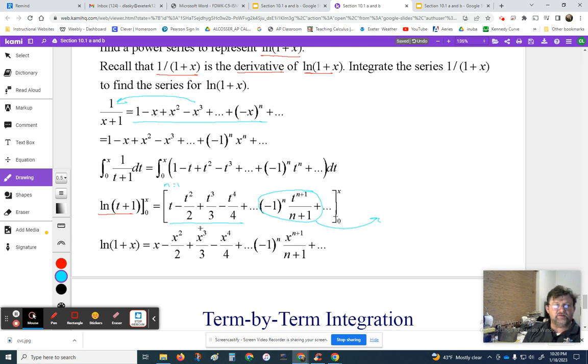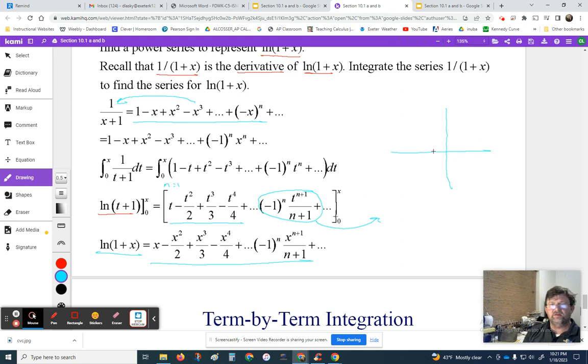So when we get down here, we're saying that this power series converges on this graph between negative 1 and 1. And so this is what I mean here.